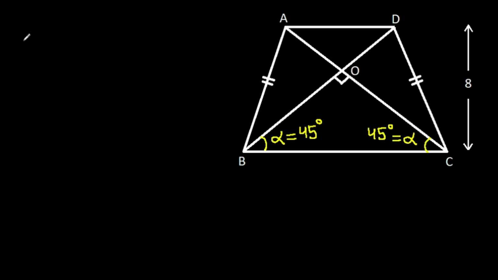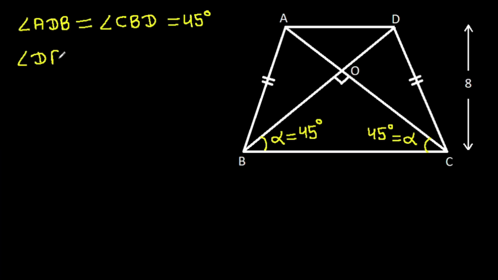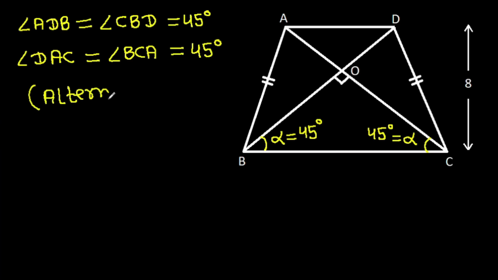Now angle ADB will be equal to angle CBD, that will be 45 degrees, and angle DAC will be equal to angle BCA, that will be 45 degrees, as they are alternate angles.